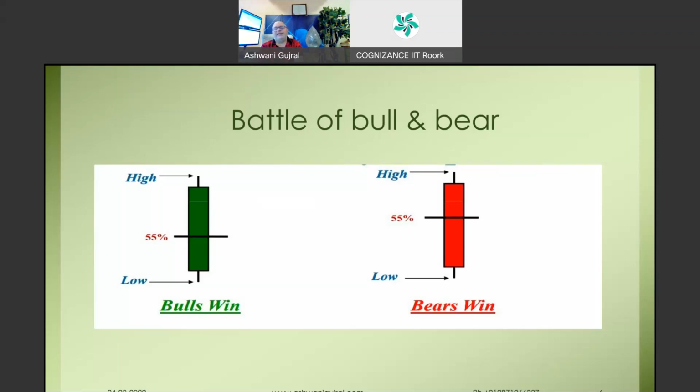What is this 55%? In case the market is closing at its extreme, a good place to put your stop loss, where you would say that the bullish bar or the bearish bar is losing its bullishness or losing its bearishness, is this 55% zone, which, if the red color or the green color goes below 55%, then you would reevaluate your thesis that the bulls are winning or the bears are winning.